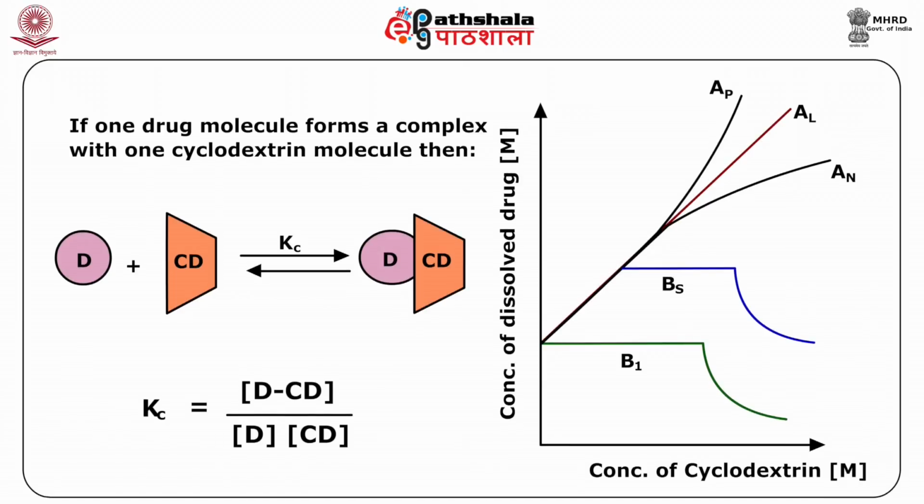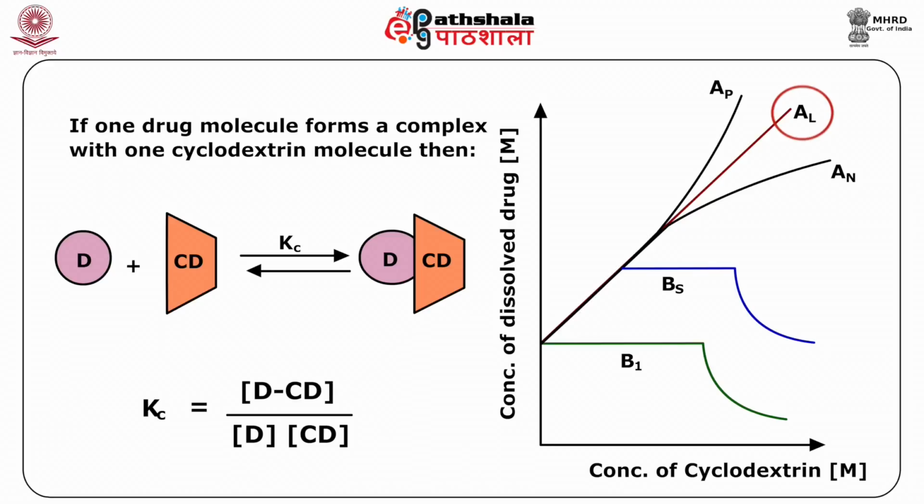We obtain an A-type phase solubility profile when the solubility of the substrate, that is the drug, increases with increasing ligand, that is the cyclodextrin concentration shown on the right hand side of this figure.